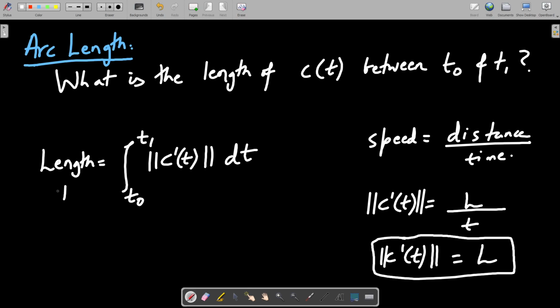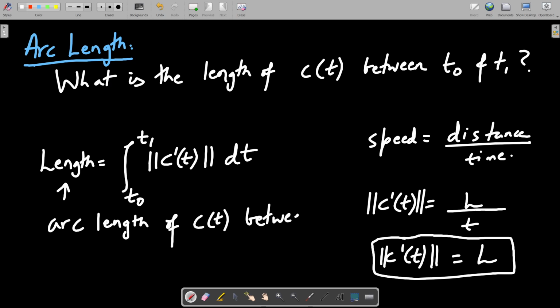So this is actually called the arc length of C, the length between T0 and T1.